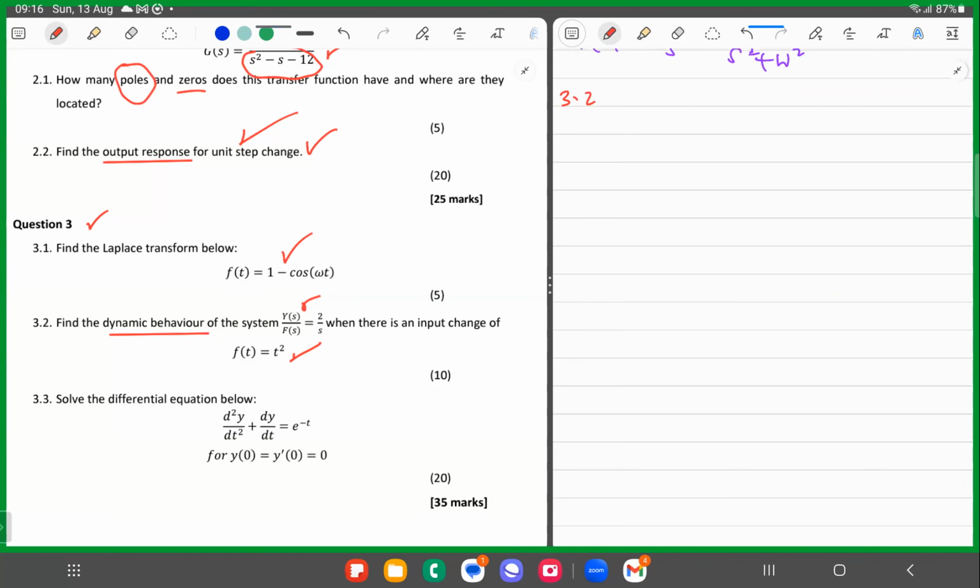So in 3.2, given the system, we have been given the system Y of s divided by F of s, which is 2 over s.